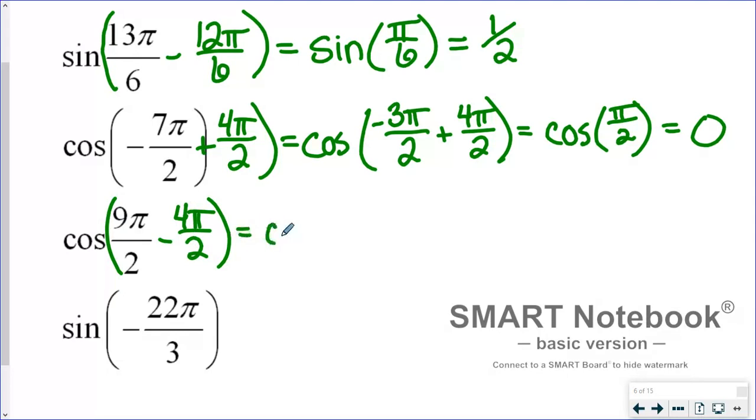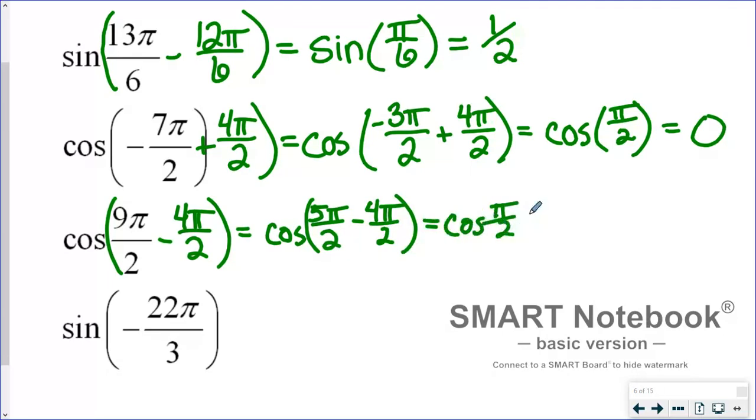That's going to be cosine of 5 pi over 2. Still too big, so I subtract 2 pi again. Then I get cosine of pi over 2. Hey, that's what we just did up here, so we should know that that is equal to 0.